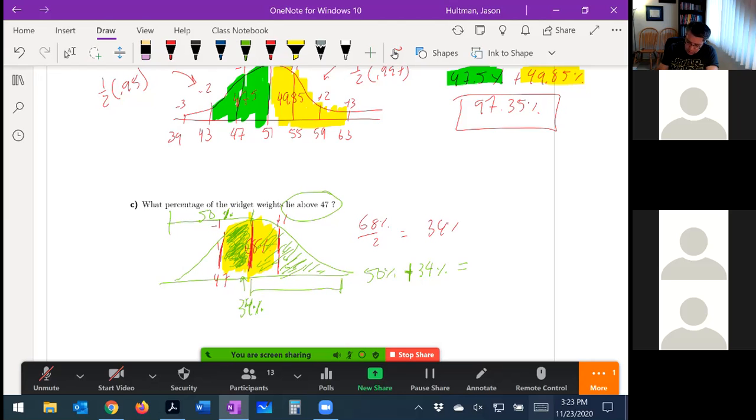This is the 50% that I'm looking at. I want to add those two. So that's 84%. Just know that half of this is 34%, and then the rest of this above it, because we want everything above 47.